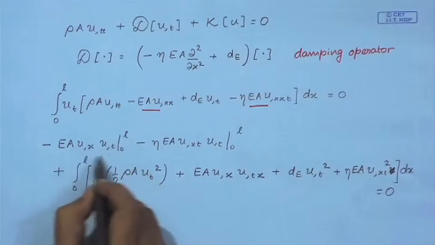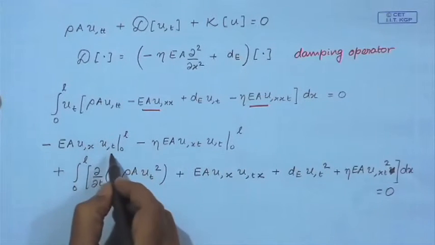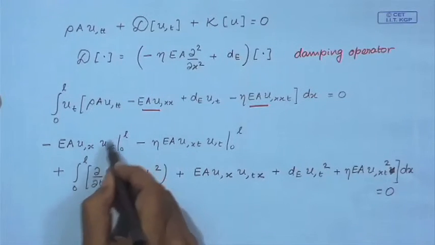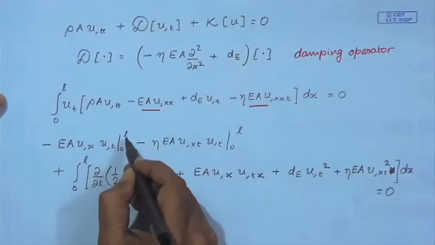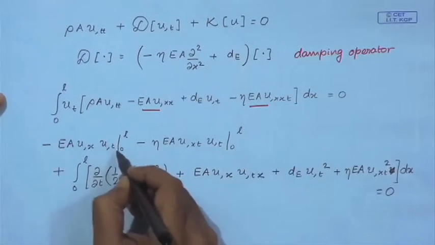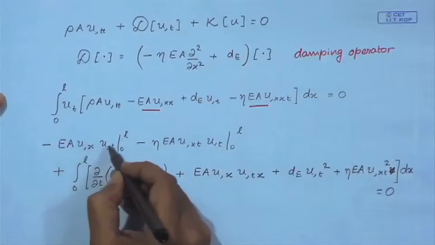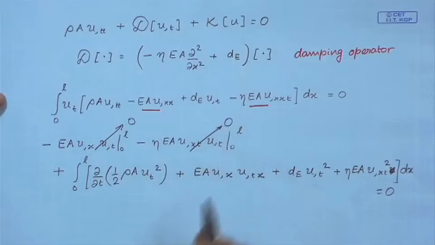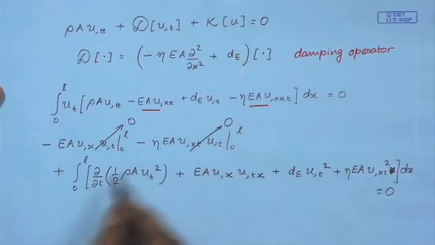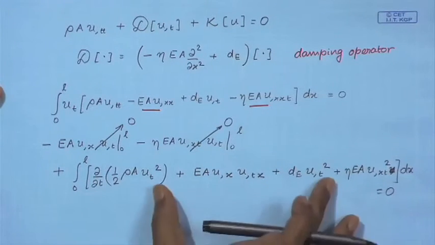Now, if you use the boundary conditions that we have, then these boundary terms drop out, because at x equal to 0 the velocity is 0, at x equal to L there is a force free condition. So, this is 0, similarly this is also 0. So, what we are left with is this integral.